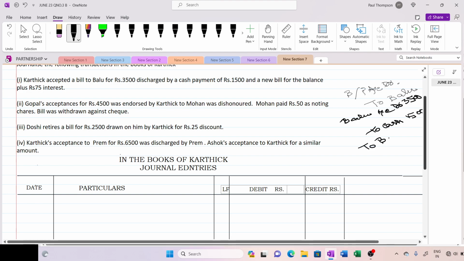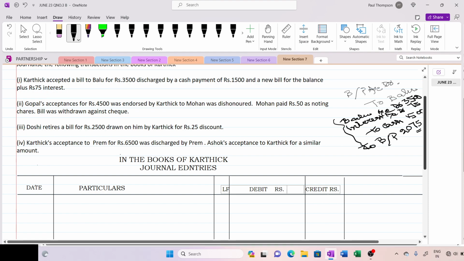That will be bills payable along with interest. So interest is 75. So 2,075. Now what is the 75? The 75 is interest. It is a loss to Karthik. So interest account will get debited. So you can make like this so that your journal entry will become full. Or you can make a combined entry.